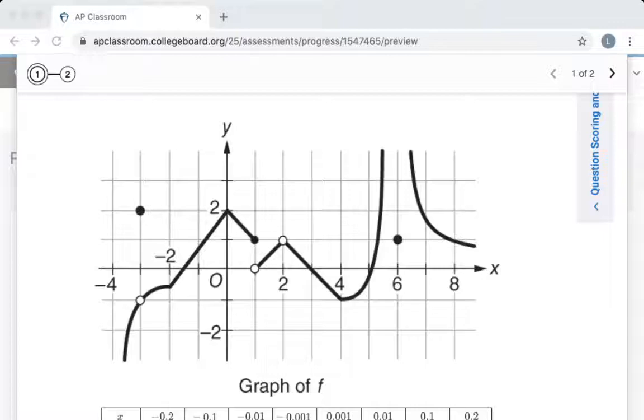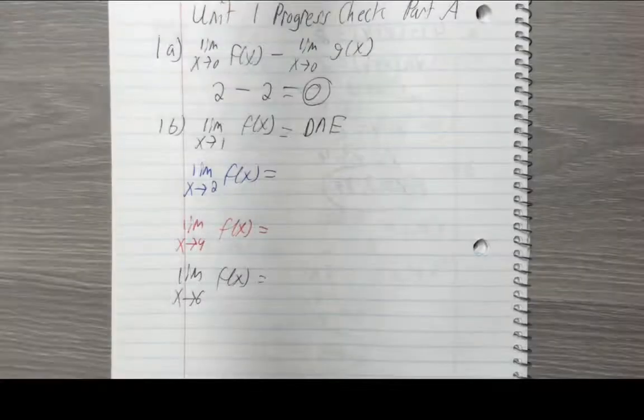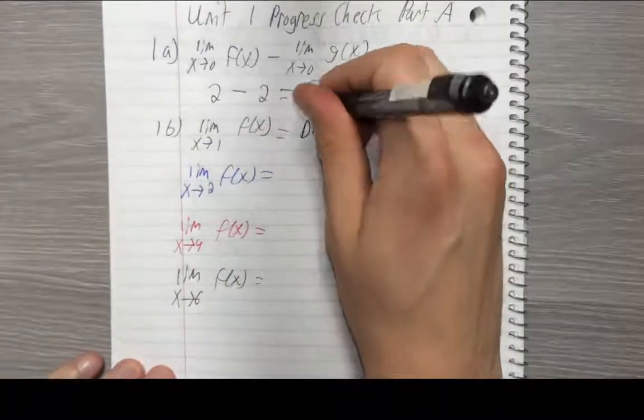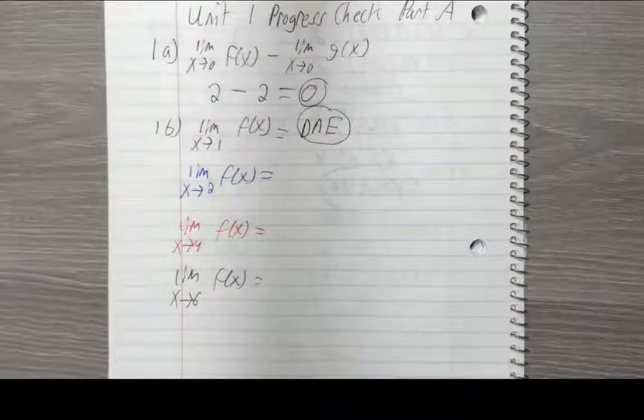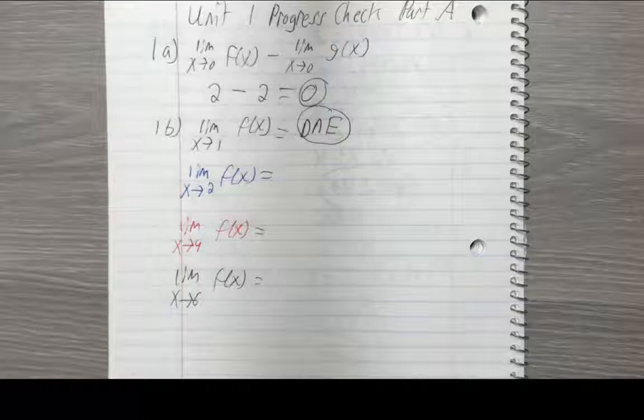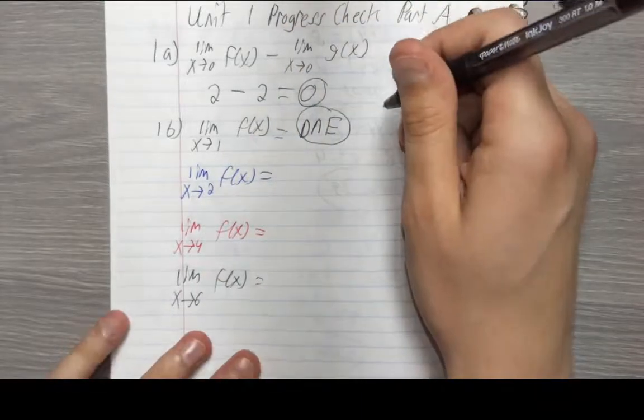All right, so how we write that is does not exist. Now the actual question says, use correct limit notation in your answers. Explain why it does not exist. So it's not enough just to say it does not exist. So what you want to say is approaches.